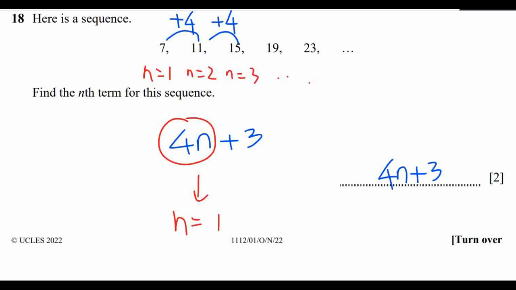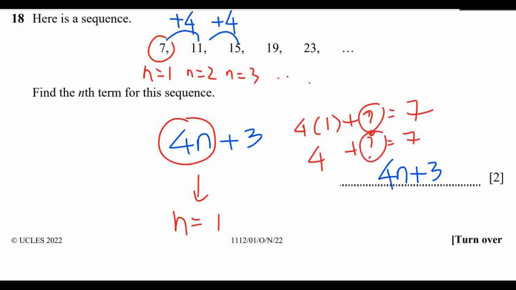So n equals 1 has to give 7, so 4 times 1 plus something is equal to 7. Then 4 times 1 is 4, plus something equals 7. So that's how we got this value as 3. 4 plus 3 is 7. So we have 4n plus 3. That will be our answer.